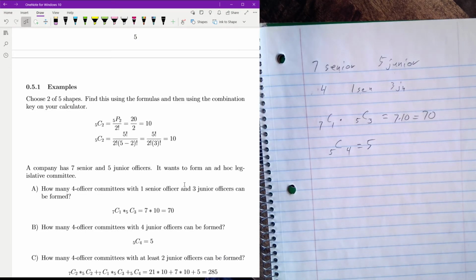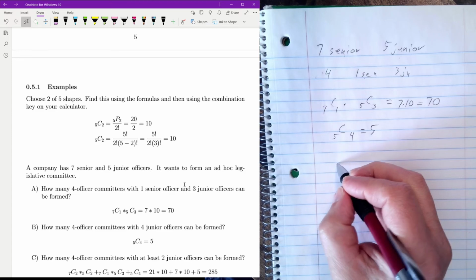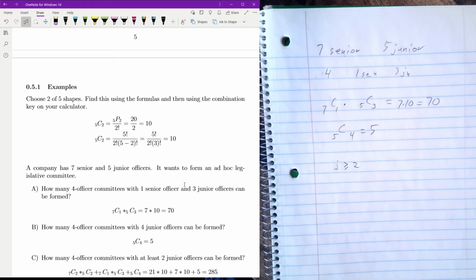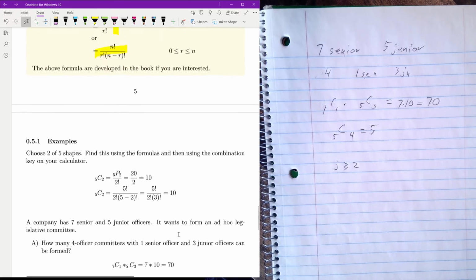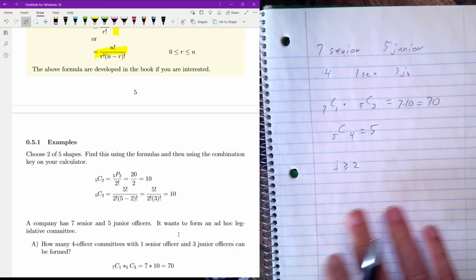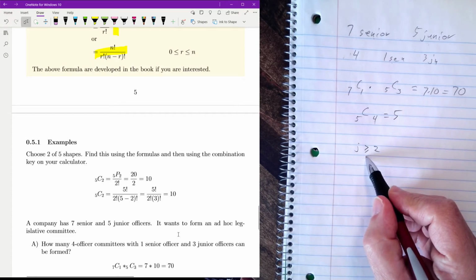How many 4-officer committees with at least 2 junior officers? So now we want junior officers to be greater than or equal to 2. So this is a little bit more complicated. How do we go about that? Well, junior officers have to be greater than or equal to 2.